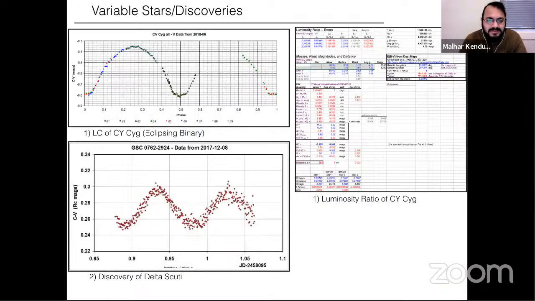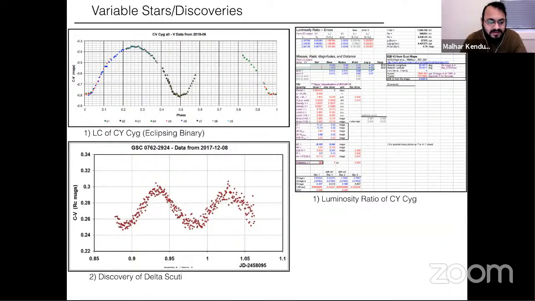We also study variable stars and eclipsing binary stars. This is a light curve of CY Cyg, an eclipsing binary star. We study these variable stars in the Northern Hemisphere, mostly using our 24-inch telescope in Prince George, and derive luminosity ratios, errors, and masses for the stars.